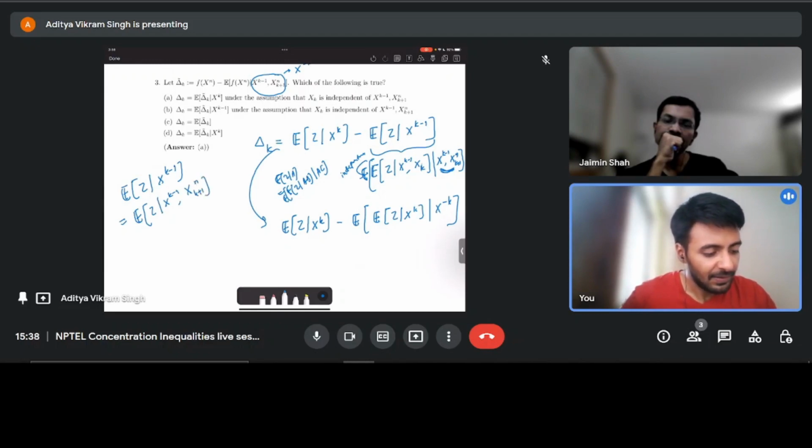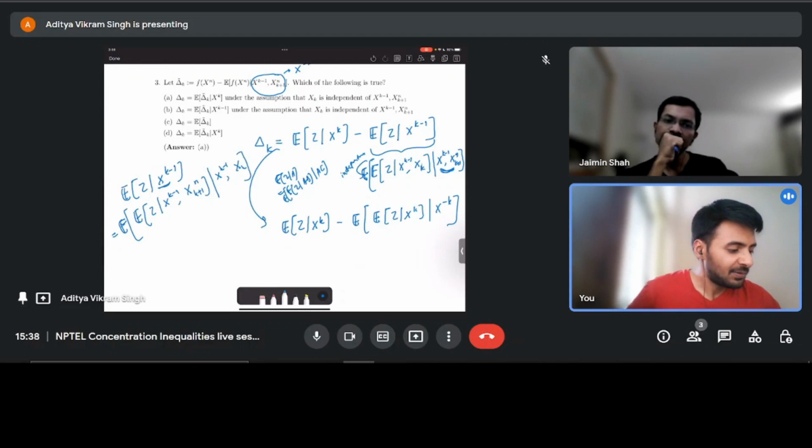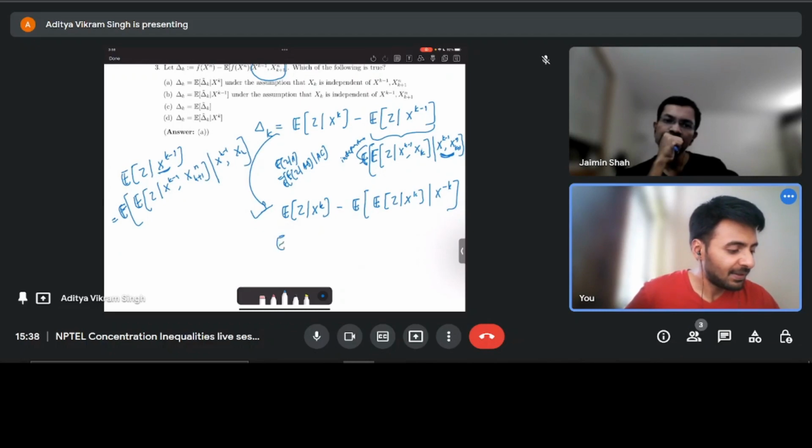Okay, and then again we take one more expectation, and we have this xk minus 1 because xk minus 1 is here. And we also have this additional random xk, right? So this is true, but the question requires something else. It's basically expectation of z minus expectation of z given x of minus k, given x of k.